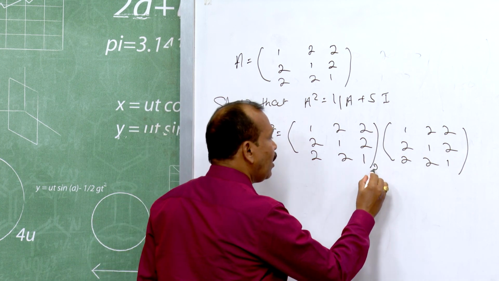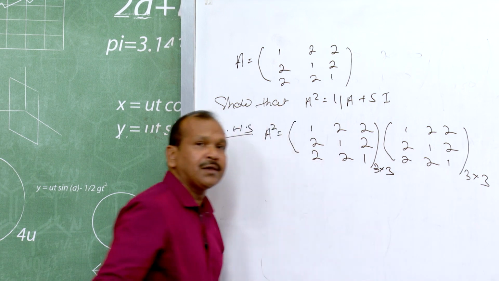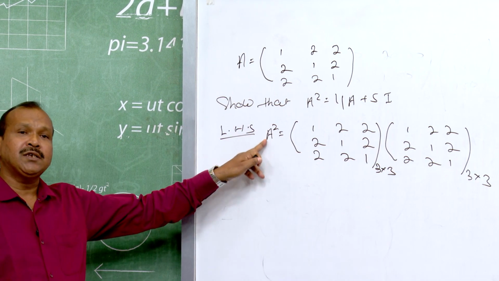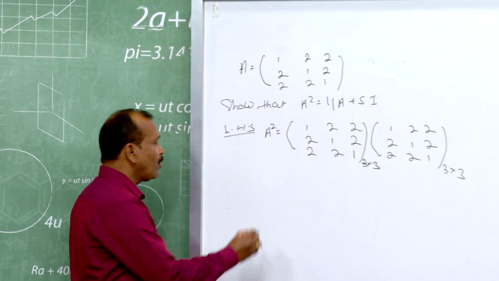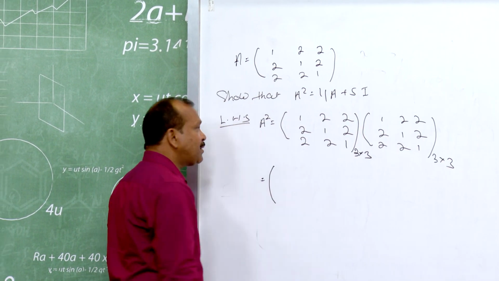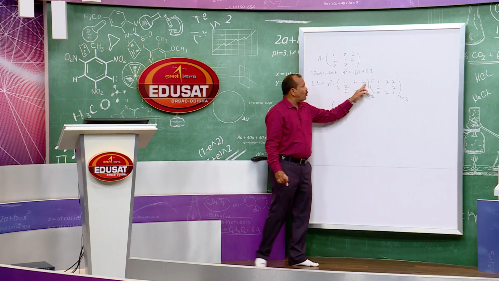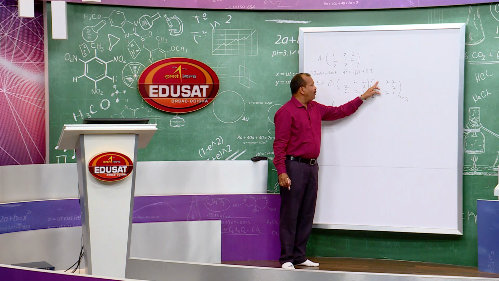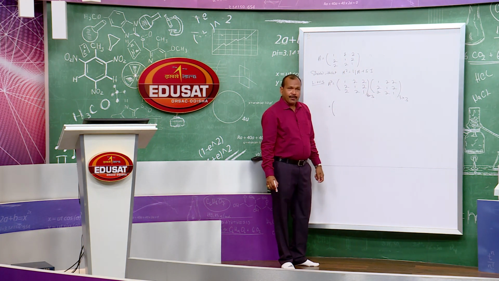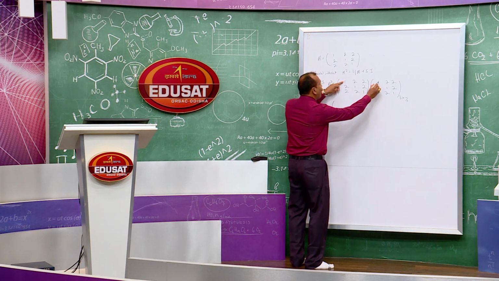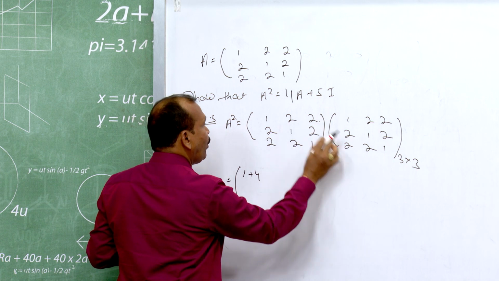This is order 3 cross 3, and this is order 3 cross 3. Then A square is a matrix also having order 3 cross 3. The matrix product is done by multiplying the first row with the first, second and third column of the second matrix. Then 1 into 1 is 1, 2 into 2 is 4, 2 into 2 is 4.